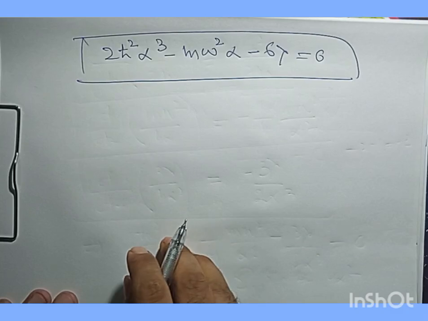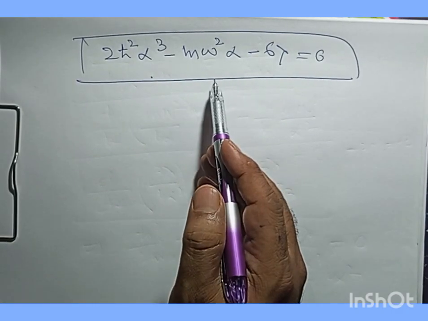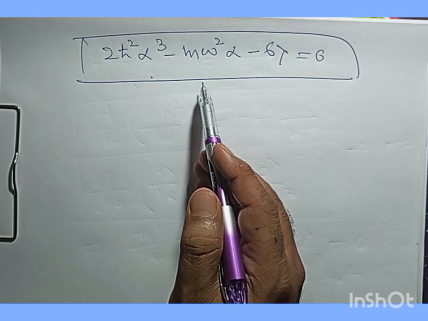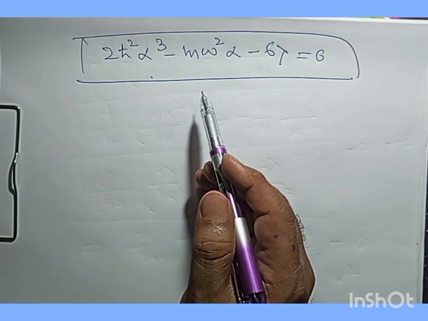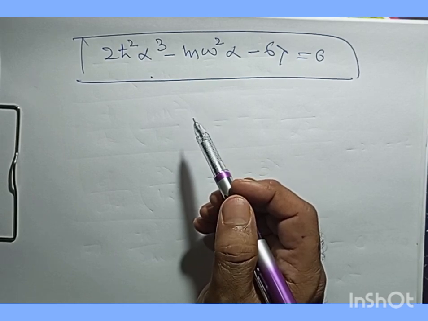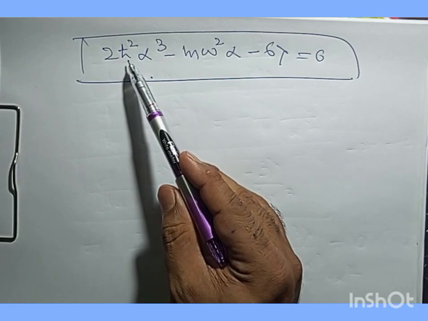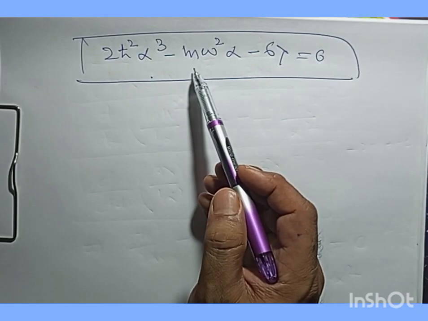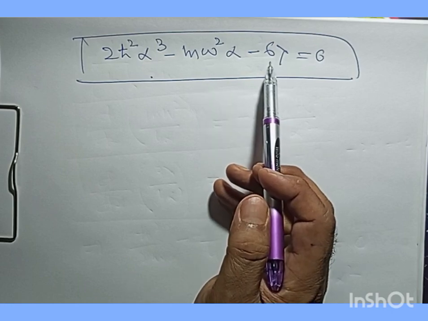You can check it, and this is a cubic equation in terms of alpha, which may not have a simple analytical solution, but at the same time this equation can be solved numerically for specific values. For that we must have the value of h, the value of m, the value of omega, and the value of lambda.